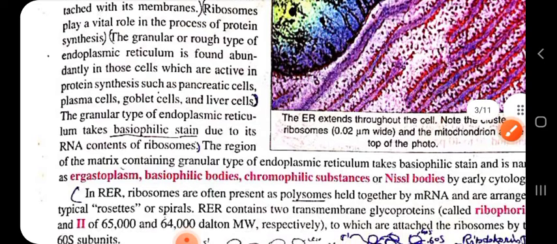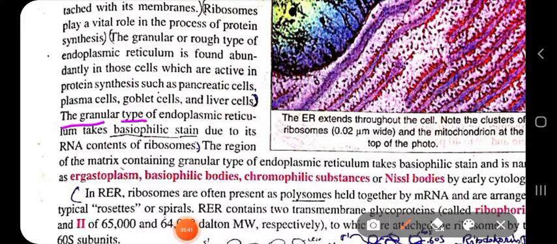Next, it is saying that the granular type of endoplasmic reticulum takes the basophilic stain due to the RNA content of ribosomes. When you are doing laboratory staining to observe the rough endoplasmic reticulum, they take the basophilic stain.